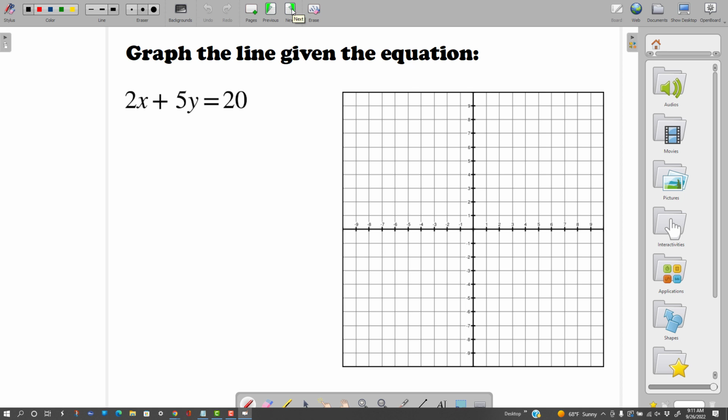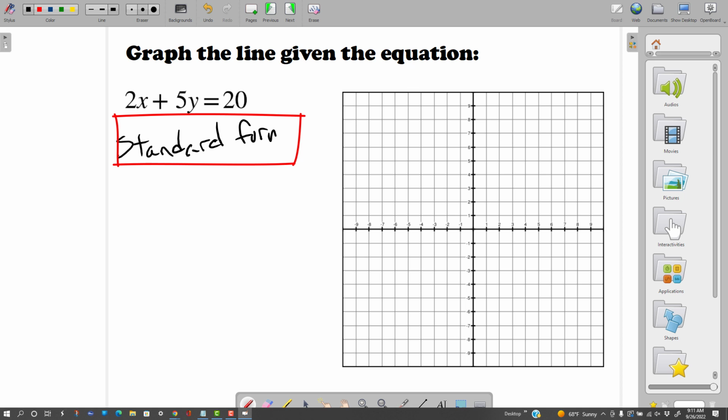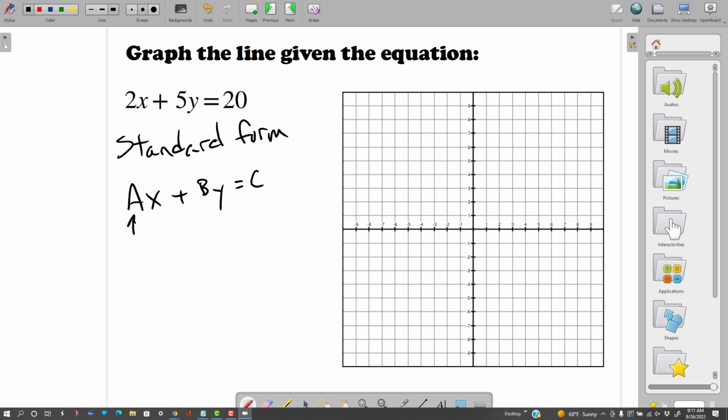Now we're given an equation of a line in what is called standard form. In standard form, the x and the y variables are on the same side of the equal sign. The coefficient of x is always positive.